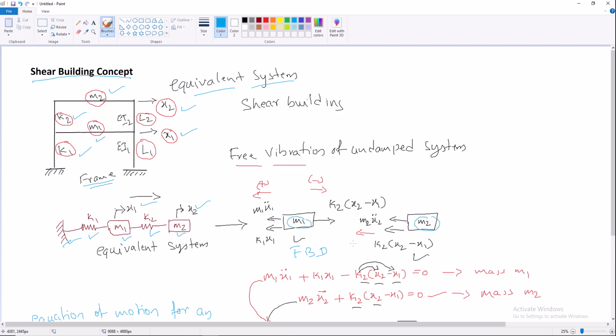In the free body diagram, we have k1 x1 and m1 x1 double dot acting in the direction opposite to, or resisting, the force acting in the horizontal direction on the forward motion, which is k2 times x2 minus x1, connected to the mass m2. Mass m2 has the acceleration m2 x2 double dot, and the stiffness resistance is k2 times x2 minus x1.